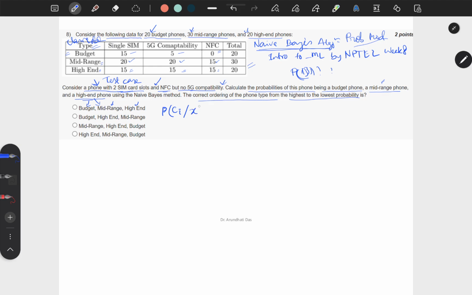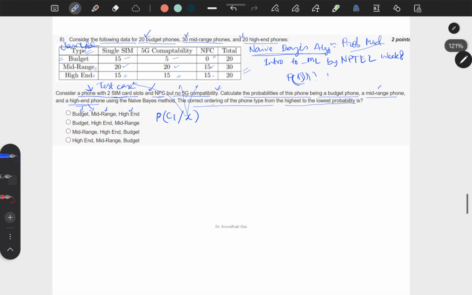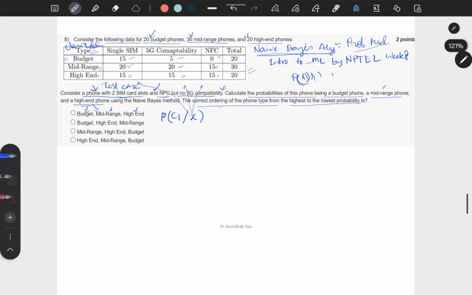Given all the data or features, what are the features? Single SIM or double SIM, 5G is there or not, NFC is there or not. That is my x values. There are 3 features. So given the feature values, what will be the probability of that class level?